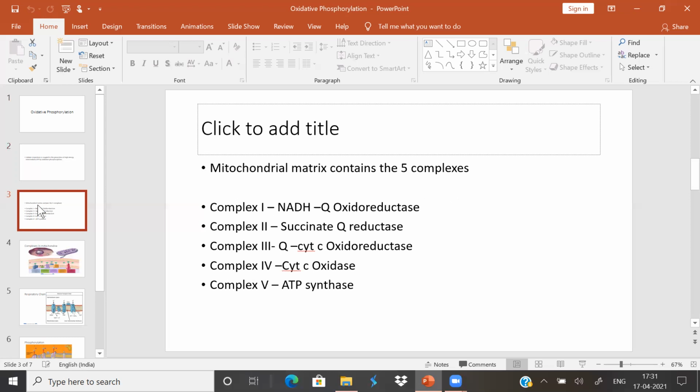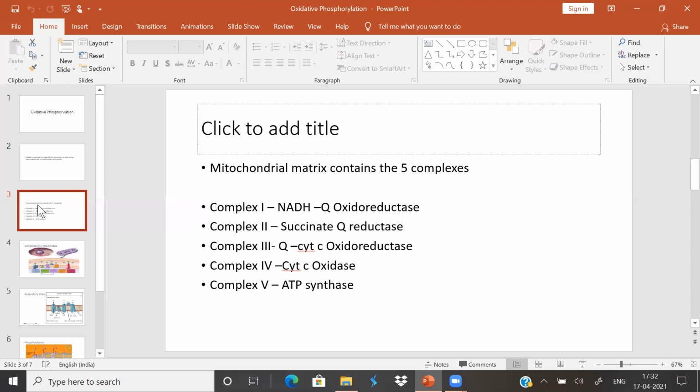Complex 2, succinate Q reductase. Complex 3, Q cytochrome C oxidoreductase. Complex 4, cytochrome C oxidase, and complex 5, ATP synthase.